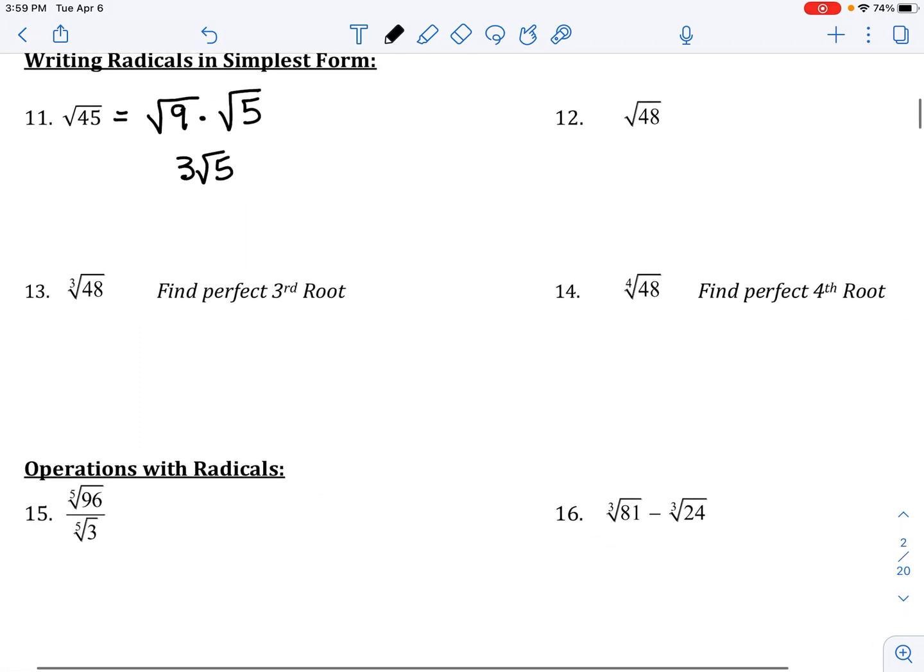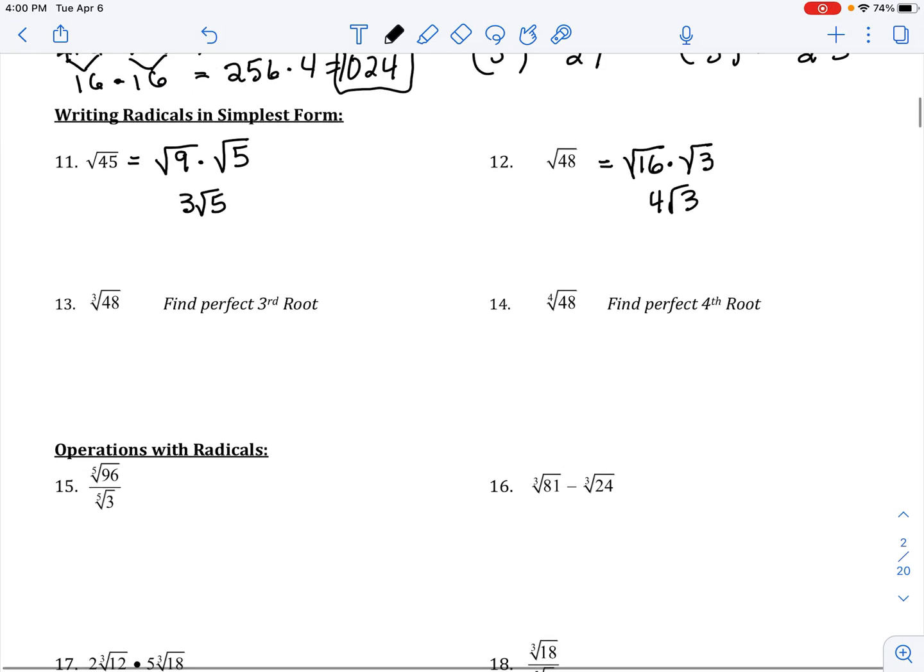For number 12, largest perfect square that divides into 48, that's going to be 16 times 3, and that gives me 4 root 3. Now, remember, we thought of the largest perfect square that divided into the radicand.